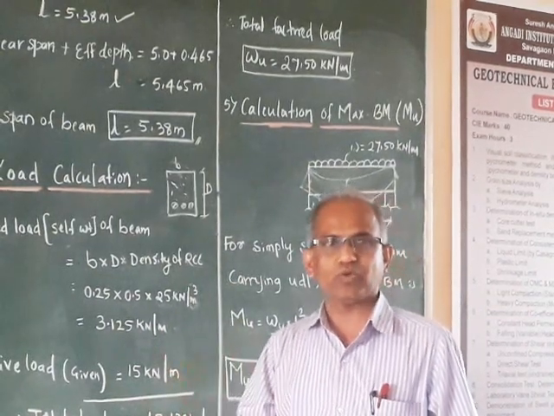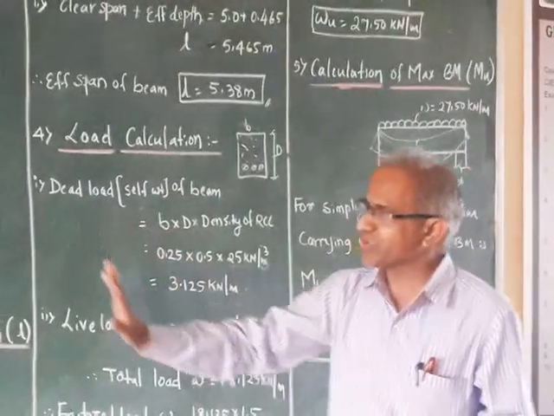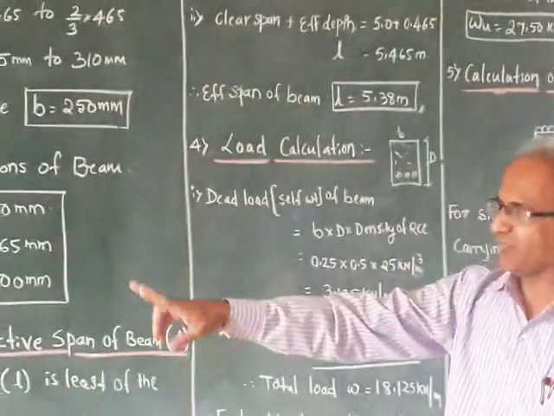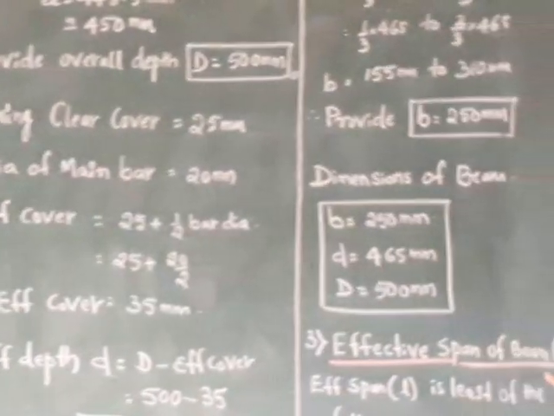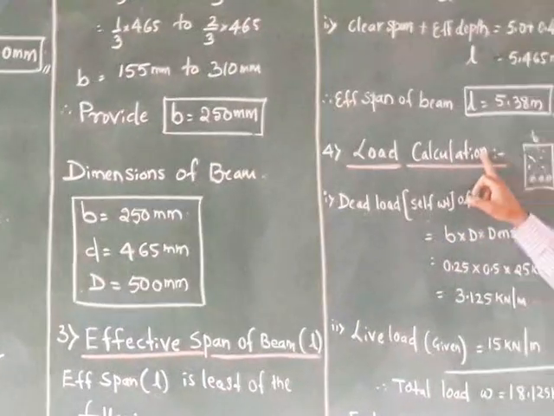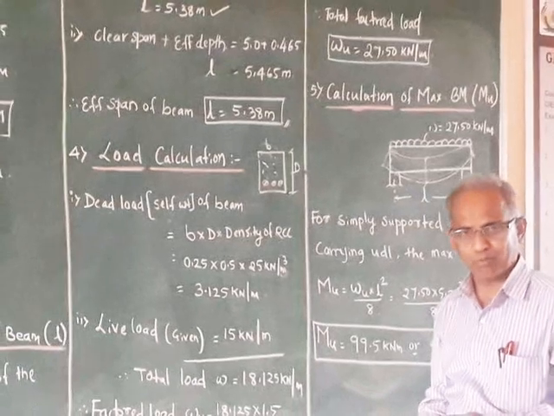That video I am going to share tomorrow. I hope you understood this. Once again, go through this problem. First step is finding out the dimension. Second step is width of the beam. Third step is effective span of the beam. Fourth step is load calculation. Fifth step is calculation of maximum bending moment.